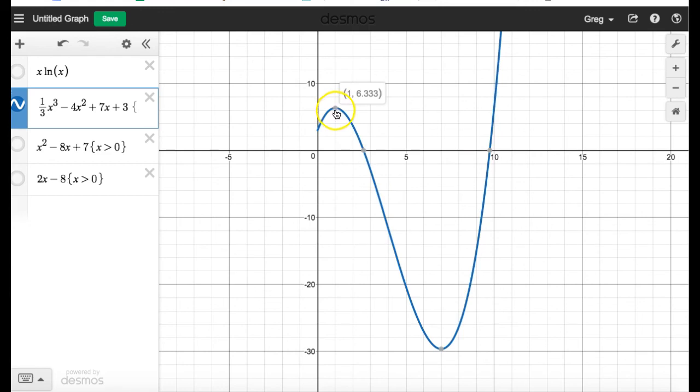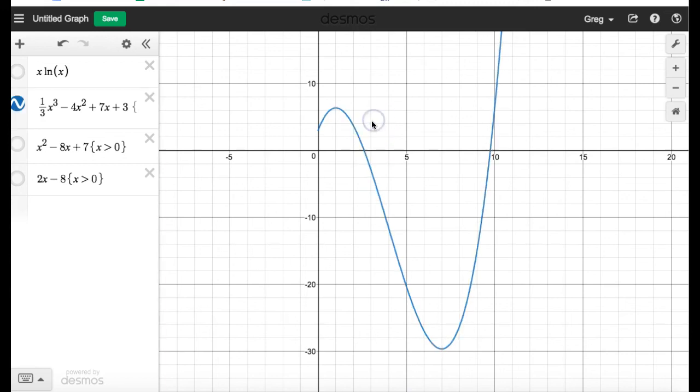So what we found was at 1 second and at 7 seconds, the particle had a 0 velocity. So right here, we can actually see the slope of this graph is equal to 0. We know that velocity is the slope of position. So the slope at these 2 points of my position graph is equal to 0.